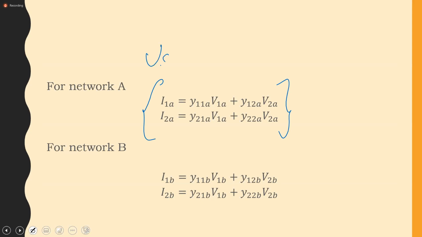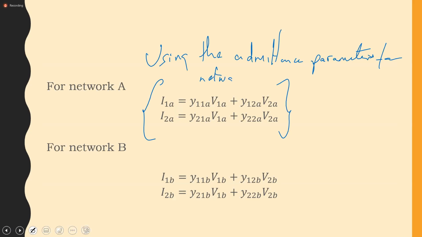So we have I1A, and remember, admittance gives us the currents with respect to the voltages.